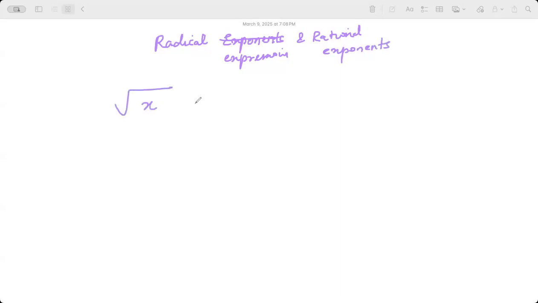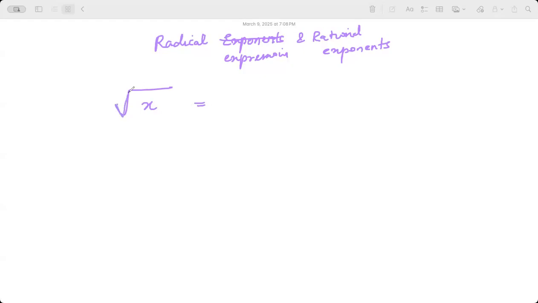We have learned this earlier, so we will go ahead with radical exponents, radical expressions and rational exponents. Now, how do you convert this to an exponent?